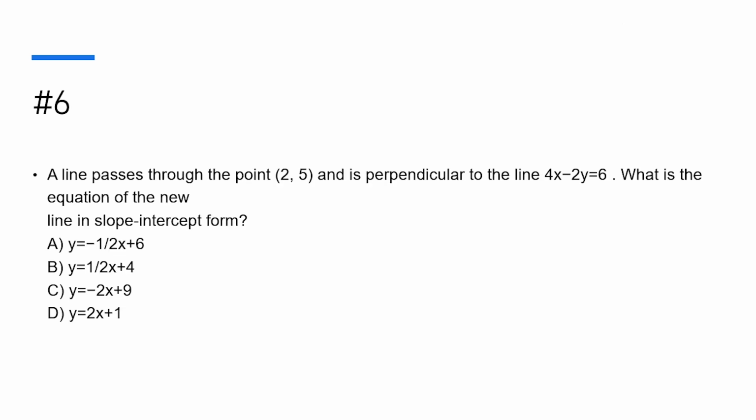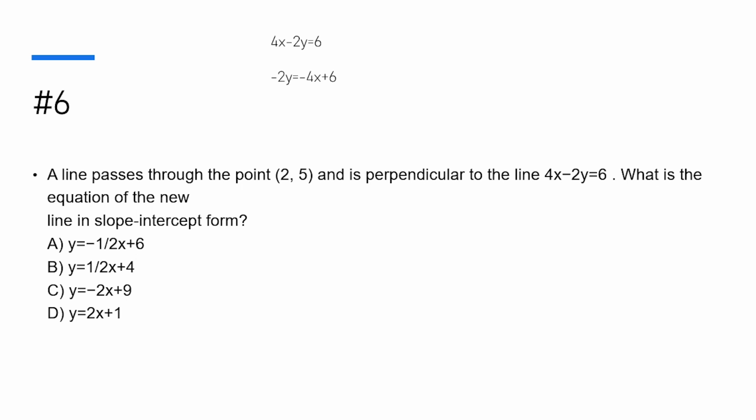And lastly, a line passes through the point 2, 5 and is perpendicular to the line 4x minus 2y equals 6. What is the equation of the new line in slope-intercept form? Again, as your teacher, I would first solve for y. So 4x minus 2y equals 6, you shift 4x to the other side. It's going to end up being negative 2y equals negative 4x plus 6.